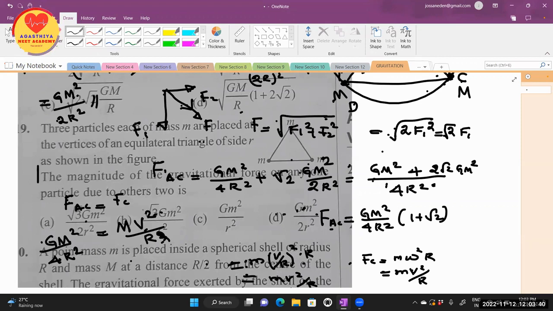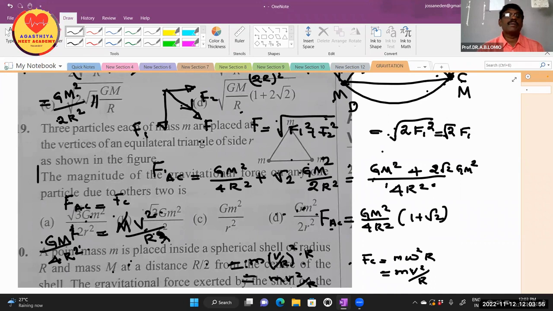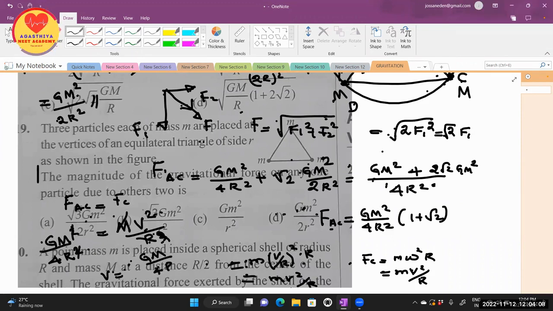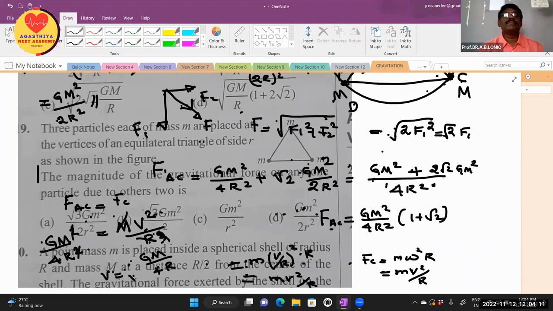Now students, how do we find V? M squared is there, one M cancels, and here there is a square. We can cancel this. Here there is R, and R squared, we can cancel. Therefore, V is equal to what? GM divided by 4R. Can we take the root? Yes, sir.